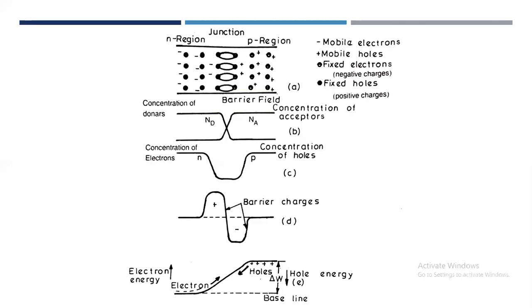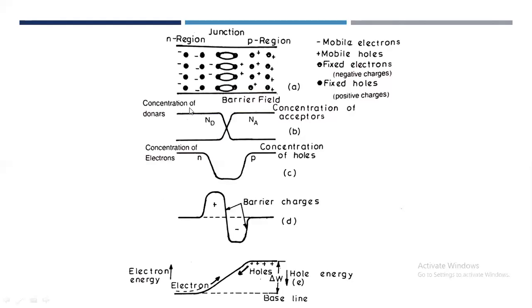Figure B shows the concentration of immobile ions in the vicinity of the junction. You can see here this is the P region, this is the N region, and this is the junction.